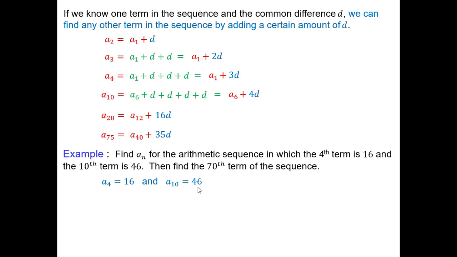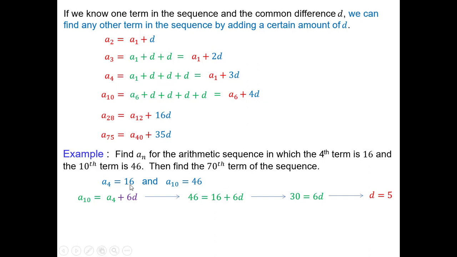Now we don't directly know what the common difference is, but we can use a little reasoning to recognize that A10 can be found by starting at the 4th term, which we're given, and adding d 6 times. Well, we have A10 as 46, and A4 as 16. So now the only unknown is d, which means if we subtract 16 to get 30 and divide by 6, we get that the common difference is 5.